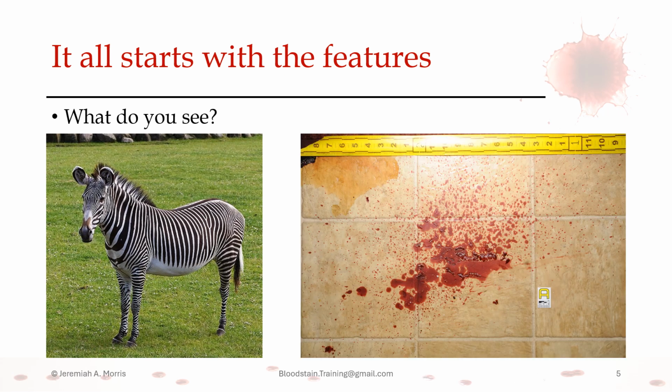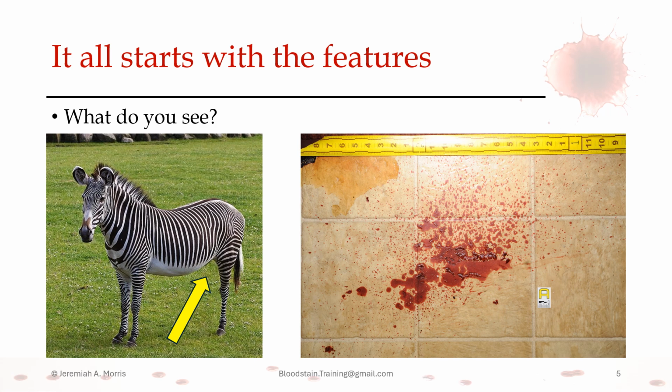In the same manner, when we look at this particular pattern, for those who have experience in bloodstain pattern analysis, the conclusion is to jump to that this is a drip pattern. And again, that is a conclusion that is based off of the features that are present, the features of the bloodstains that are within this overall pattern. Now, there's a particular danger in this very automatic type of conclusion when looking at patterns or even looking at the image of the zebra, is that we can see things, jump to conclusions, and miss things that are obvious within the pattern.